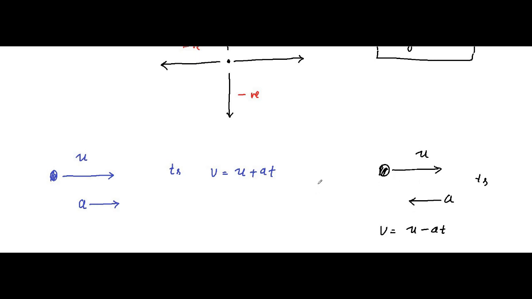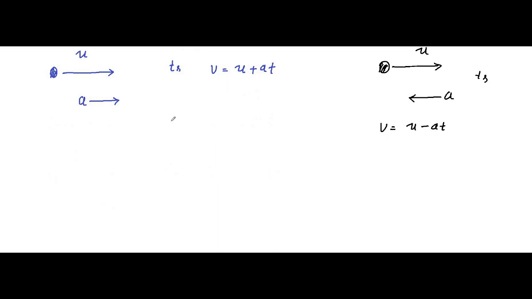So always remember, if velocity and acceleration are directed in the same direction, then both of them are positive, that is this kind of relationship, u plus at.